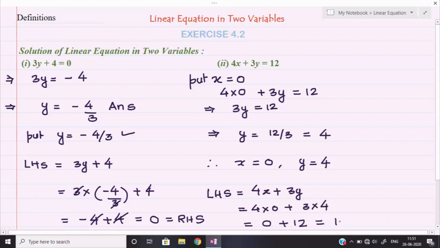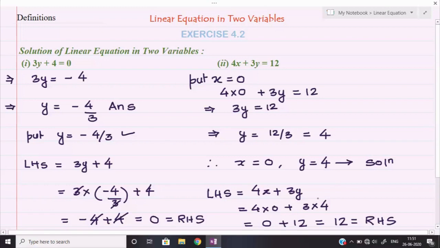So the final value is 12 and that is equal to the right hand side. Right? So we can say that x equal to 0 and y equal to 4 satisfy the given equation. Hence, they are a solution of my linear equation.